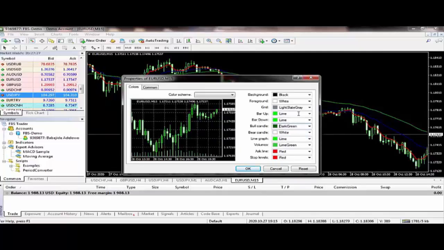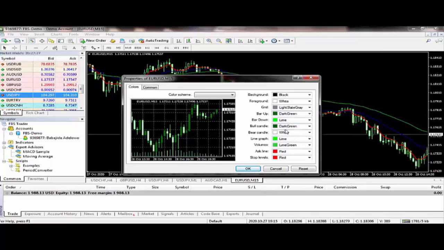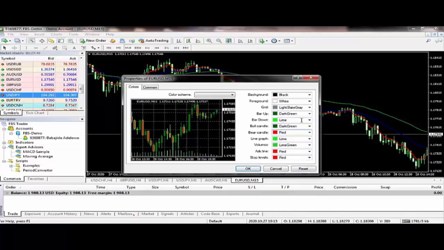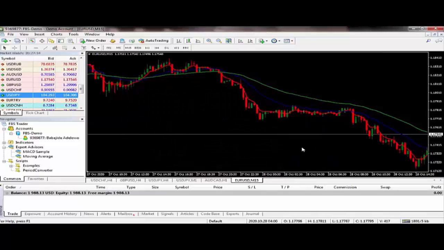The bar up also, you can make it the same color so that it can be thick like this. If you now want the down one to be red, you just make your bear candle completely red, and this one too, you make it red. So at the end of the day, you have something like a chart that you have been seeing that looks like this, and this is how it's done.